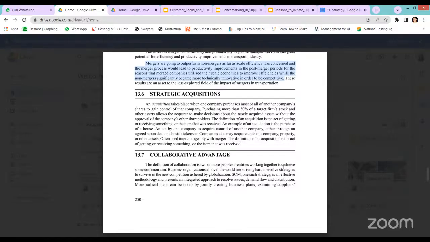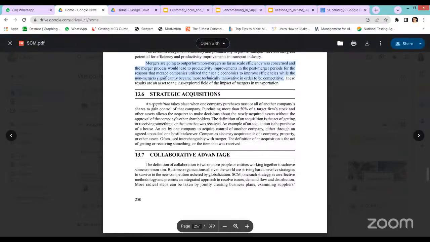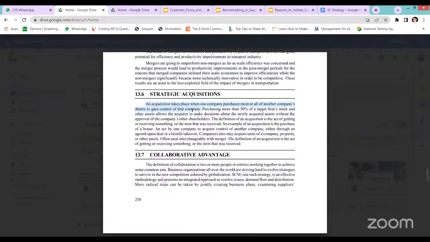What is a strategic acquisition? An acquisition takes place when one company purchases most or all of another company's shares to gain control of that company. Yes, I understood. You can make the differentiation between these.